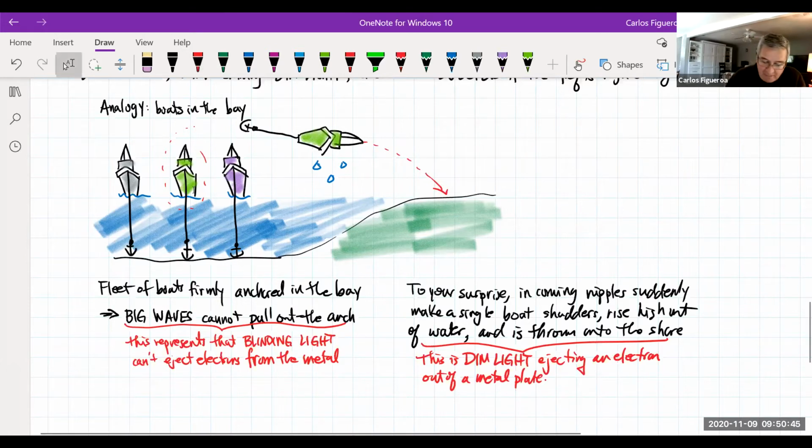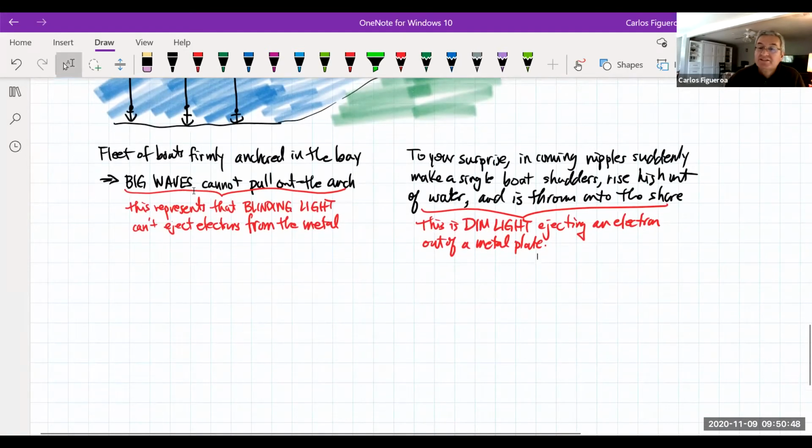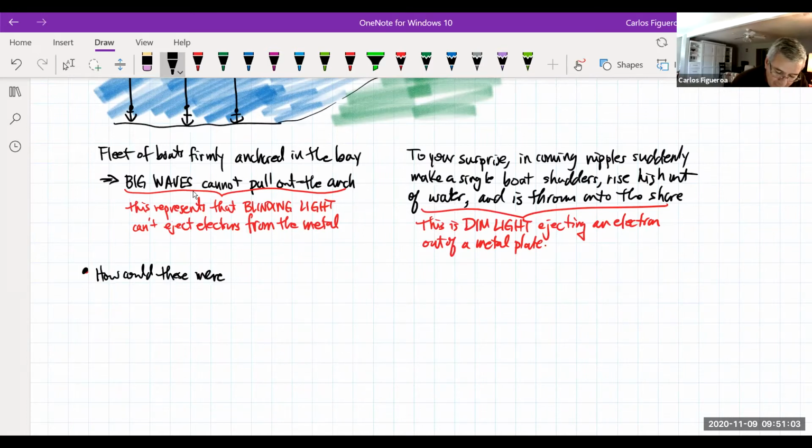So if you start to think about this, this is what I consider the simplest case, right? And the question begs here, how could these mere ripples do this? How could these mere ripples throw out a boat like that?